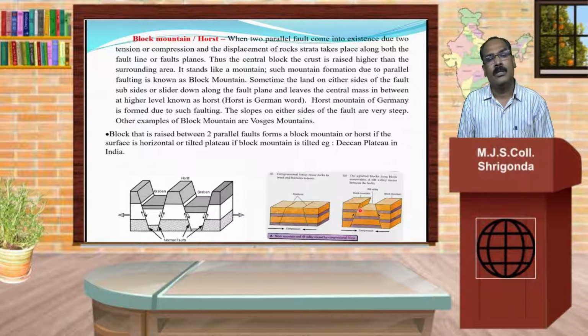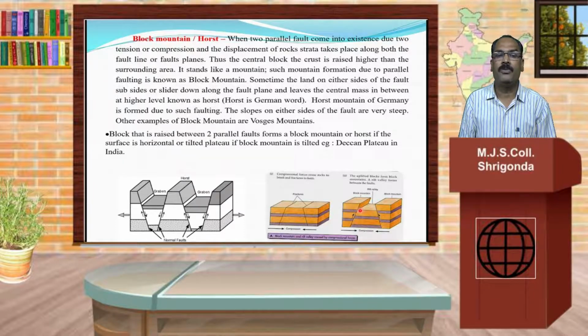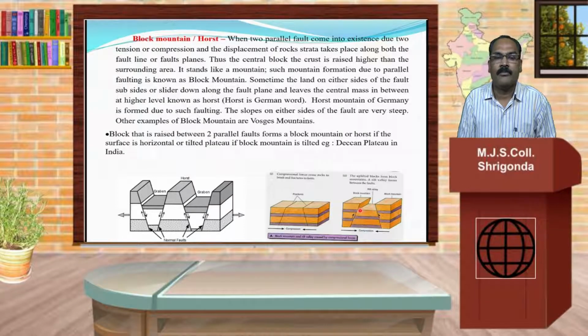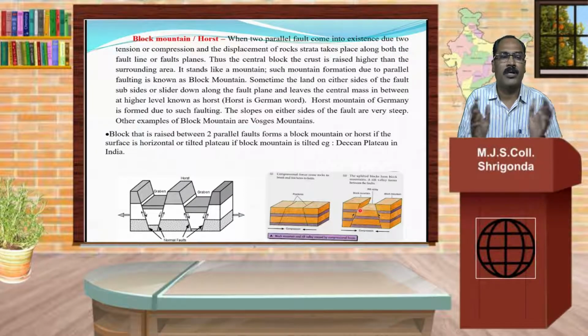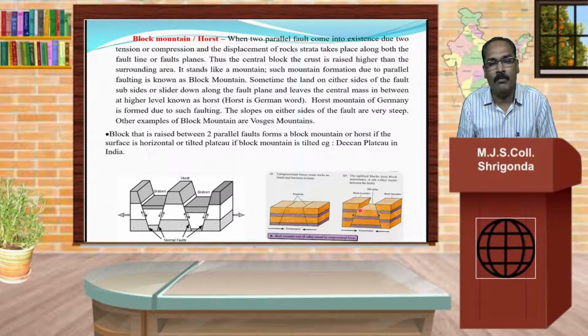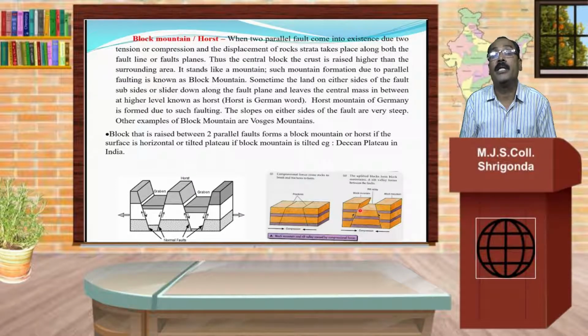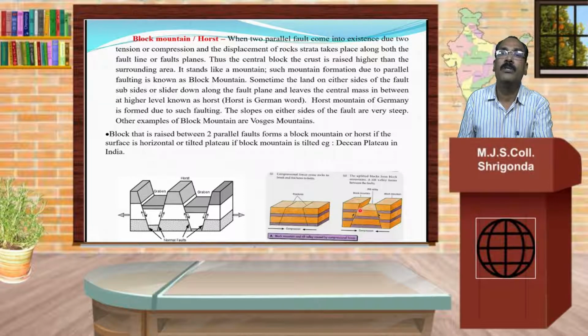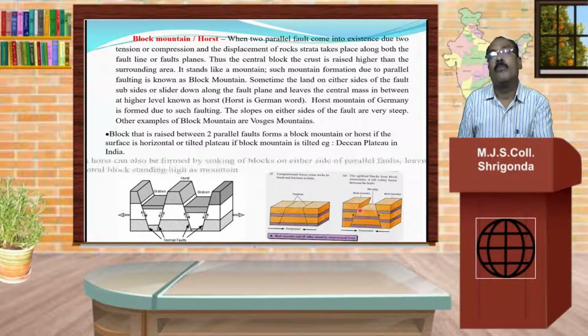The block that rises between two parallel faults forms a block mountain or horst. If the surface is tilted, it forms tilted plateaus; the Deccan plateau in India is the best example of a tilted block mountain.